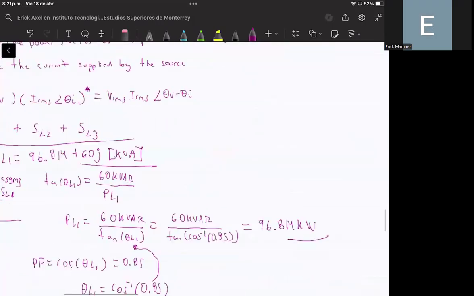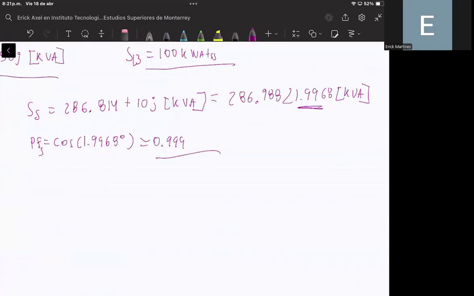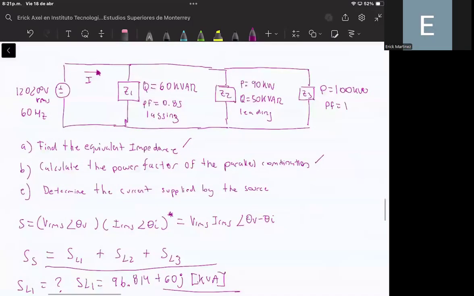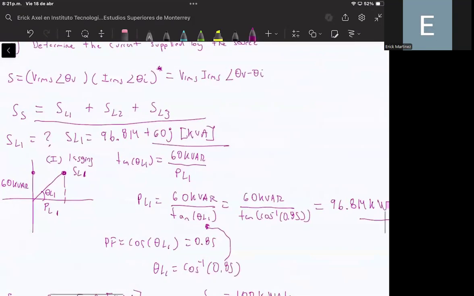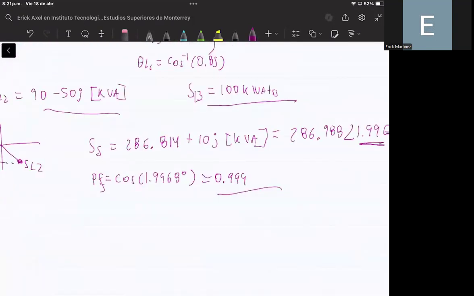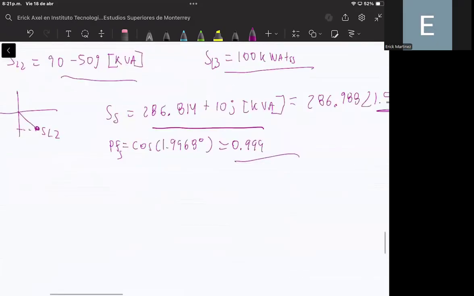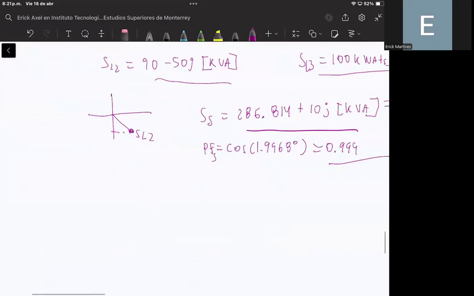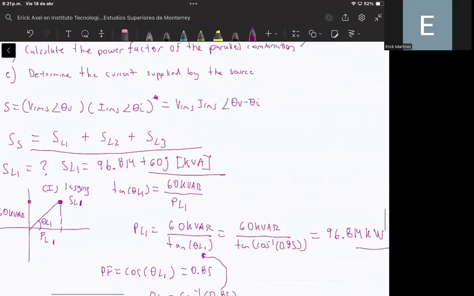What else? We know the complex power provided by the source. With this information, I can also compute the current provided by the source, because remember that the complex power is equivalent to this.